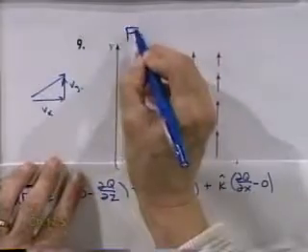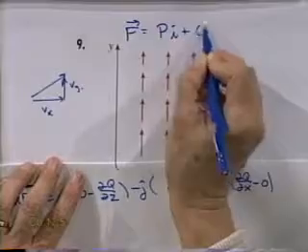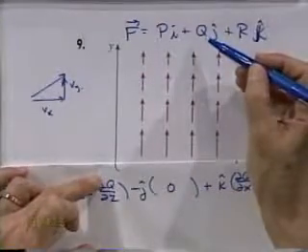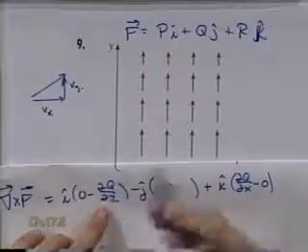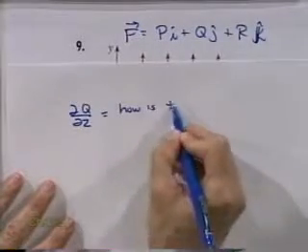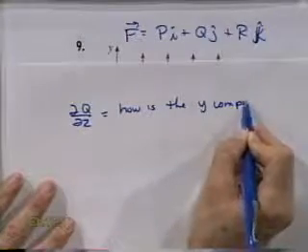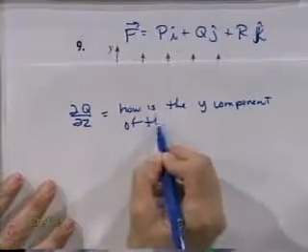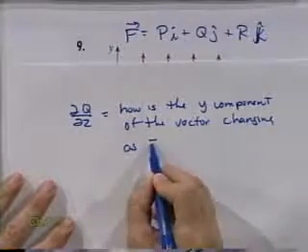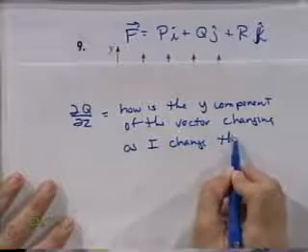Now remember, this vector valued function f is pi plus qj plus rk. Now, what's q? Q is your y component. Partial of q, in fact, let's write this out in your notes. Partial of q with respect to z is how the y component of the vector changes as I change the z coordinate.